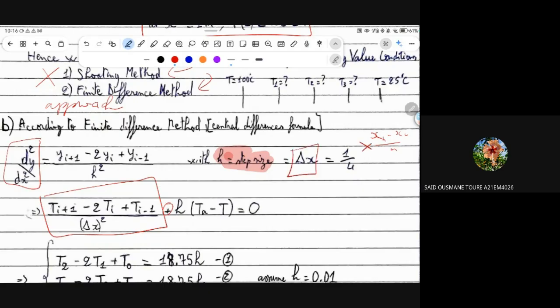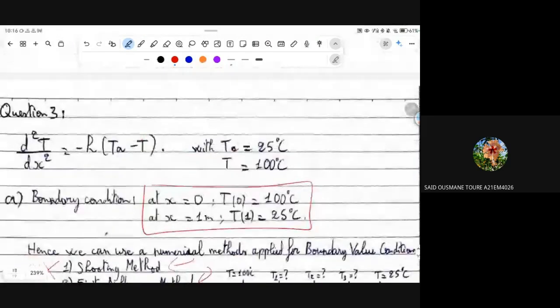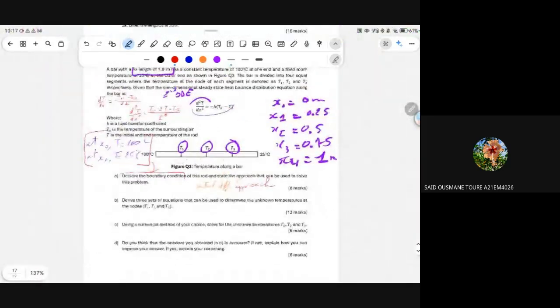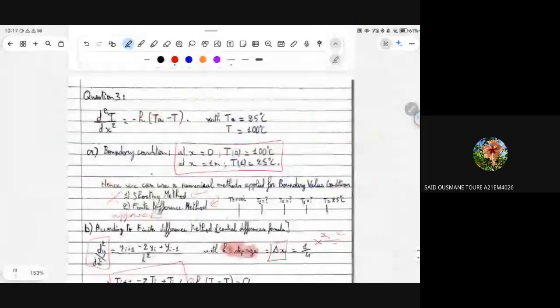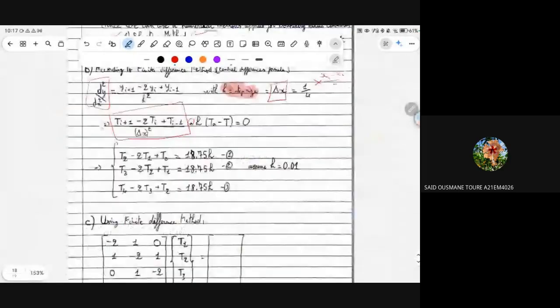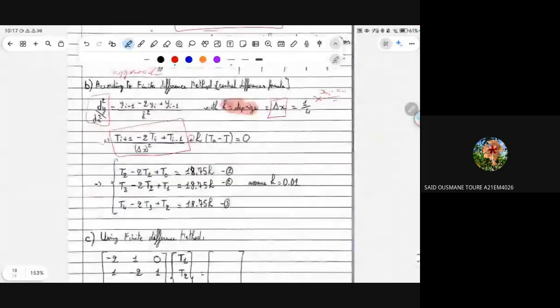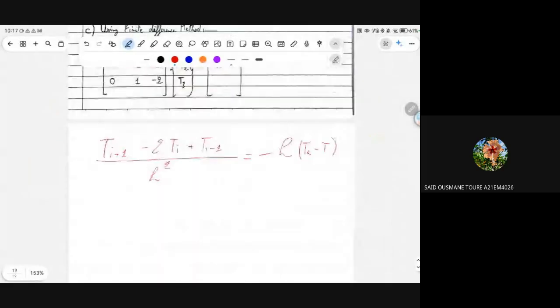So how did I come about this step size? Basically, they said it's divided by 4, so from 0 to 0.25, etc. So the step size is 0.25. Just make a difference between the H that is below here. Don't send this H to this H and cancel or multiply by 2 to the power of 3.